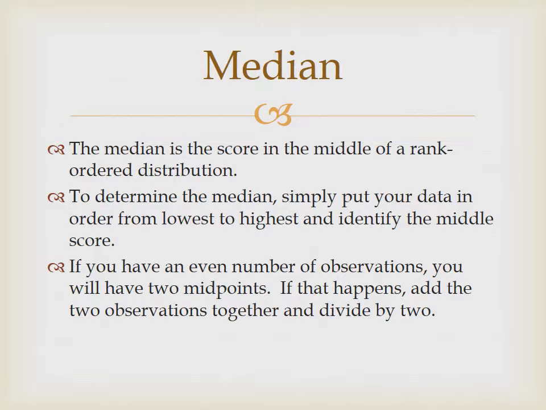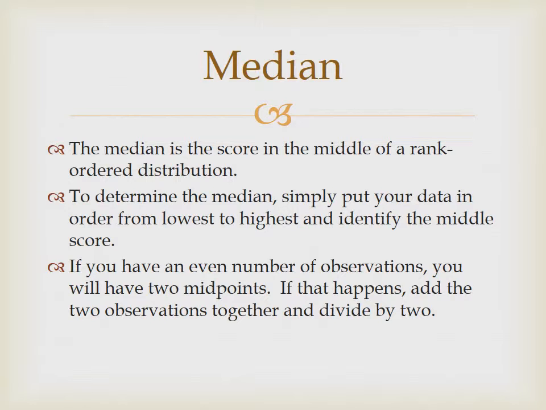Now, in contrast to the mean, the median is the score that is in the middle of a ranked order distribution. To determine the median, you have to first put your data in order from lowest to highest and identify the middle score. That's the step that some people sometimes forget.